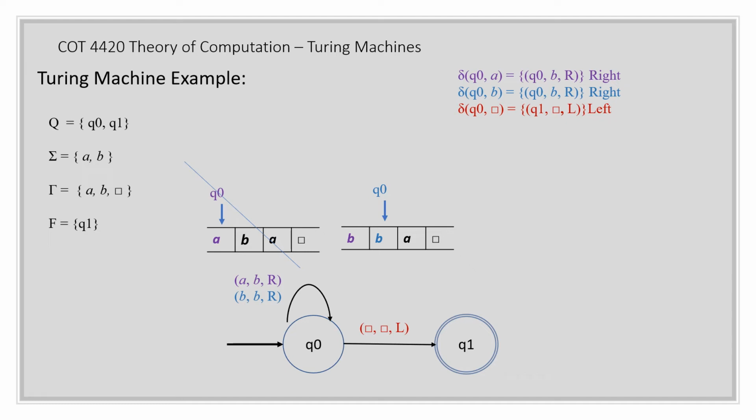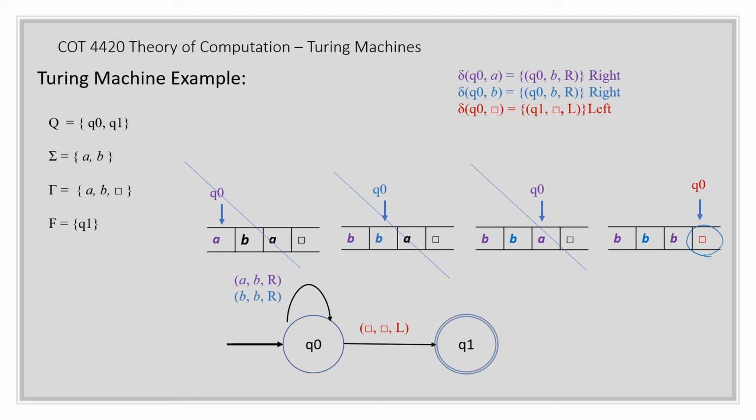Now I'm in Q0 and I have a B. So that's this transition right here. I'm going to stay in Q0, but I'm going to move right and leave the B alone. So that's what I did here. Now I'm still in Q0. It's an A. I'm going to change it to a B and move to the right. And now I'm in Q0 and I've encountered this special symbol called the blank.